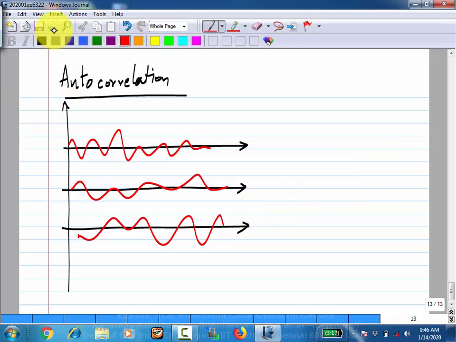So you have different instances of the random process, and knowing exactly how one instance is doing is not very useful, because every instance is going to be very different.